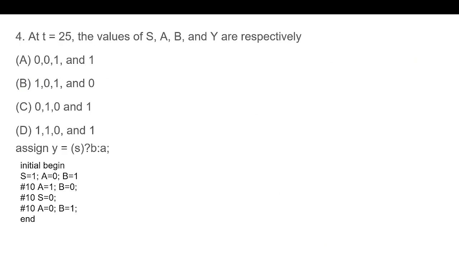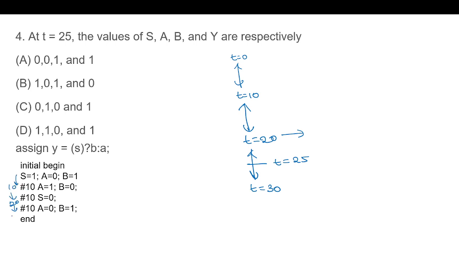The next question, again, t equal to 0, we know. T equal to 10, we know. T equal to 20, and then t is equal to 30. So somewhere here is t is equal to 25, so I have to evaluate this statement. So here 10, 10 plus 10, 20, 20 plus 10, 30.